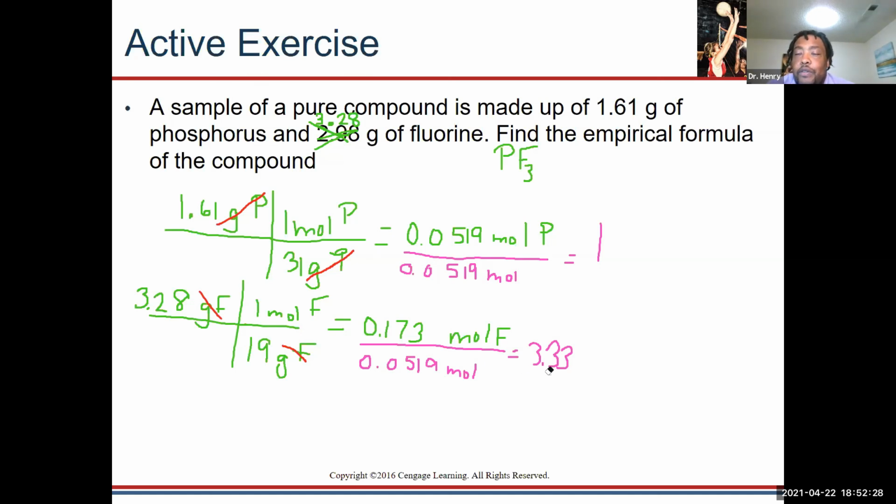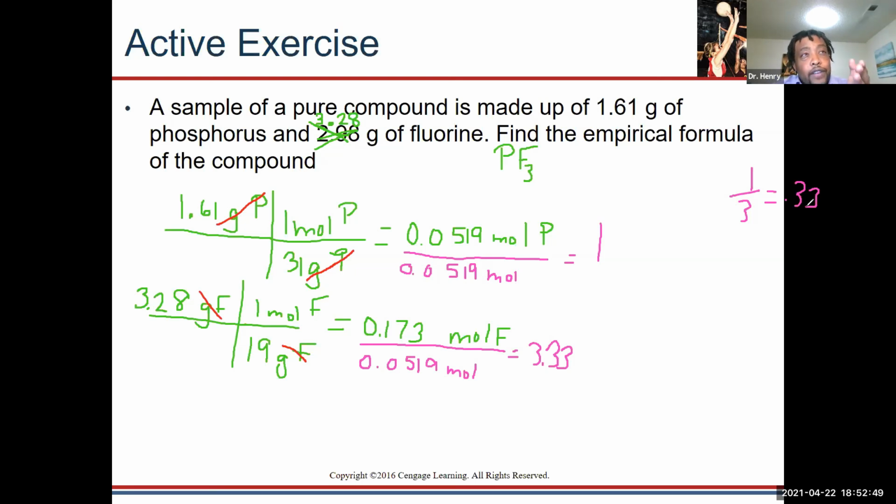Okay, so it's 3.33. Now this is a different circumstance, because 3.33 is like a third of something, right? 1/3 is the same thing as 0.33. It's about a third. So this tells us something else is going on.